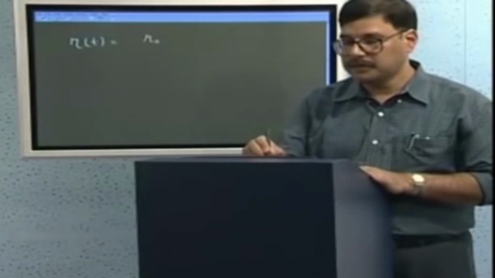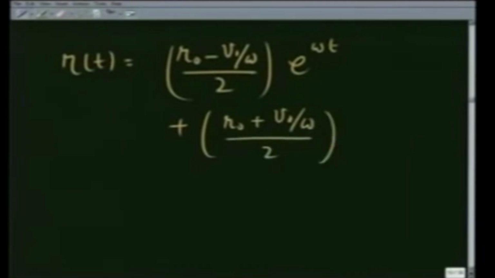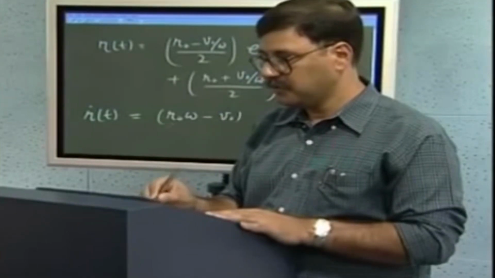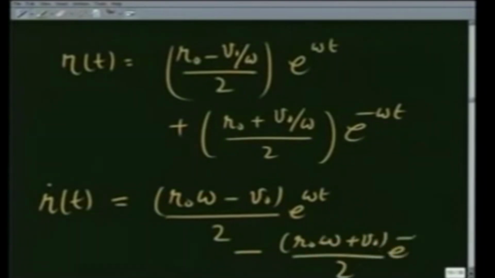So, my solution is going to be r0 minus V0 over omega divided by 2, times e raised to omega t, plus r0 plus V0 over omega divided by 2, times e raised to minus omega t. Therefore, r dot as a function of time is going to be r0 omega minus V0 divided by 2, times e raised to omega t, minus r0 omega plus V0 divided by 2, times e raised to minus omega t.